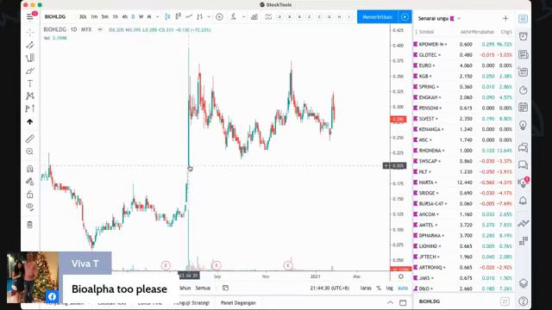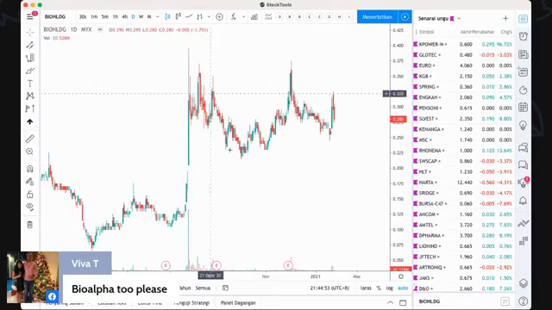This gap is what we call a runaway gap, a gap that happened in an existing trend. It's basically a continuation. It gives an indication that this trend is actually a strong trend.